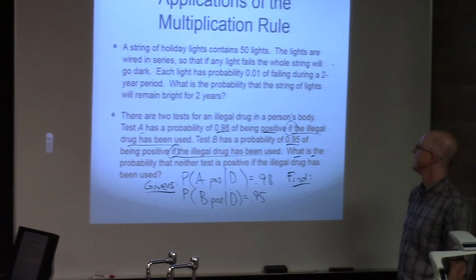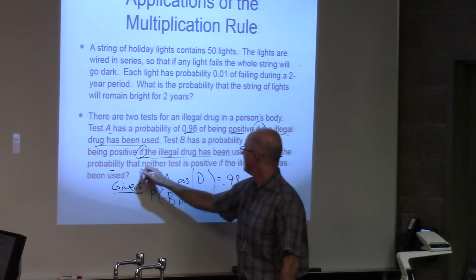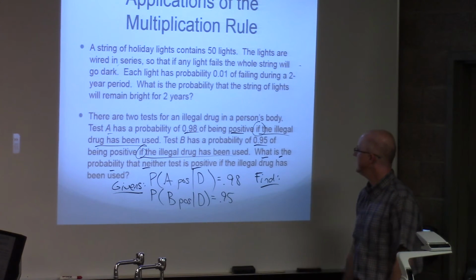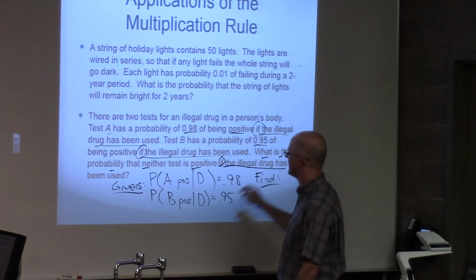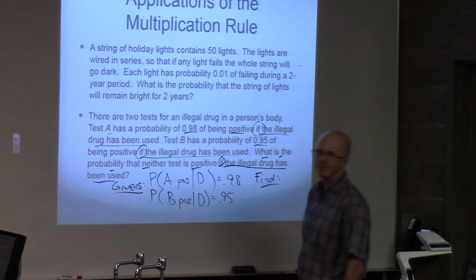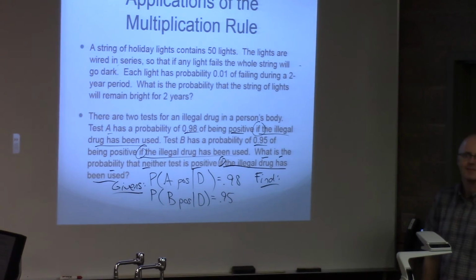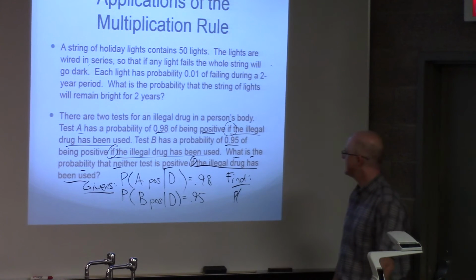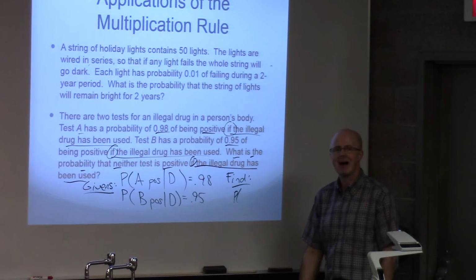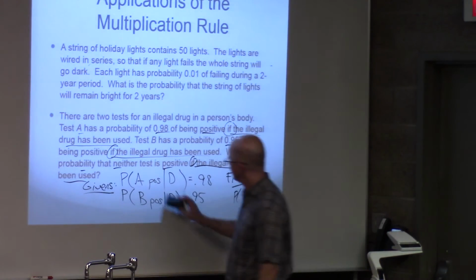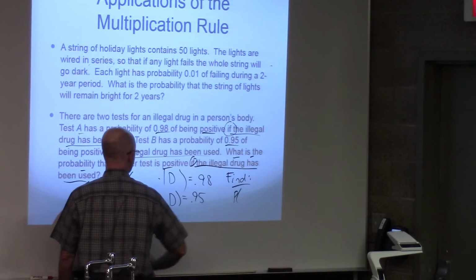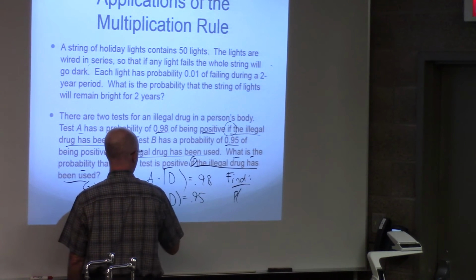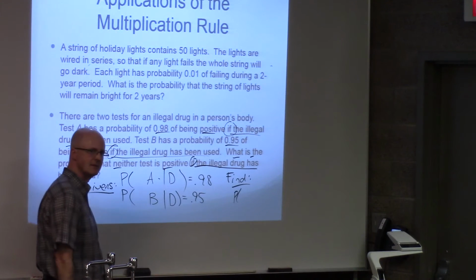What is the probability that neither test is positive if it is known that the illegal drug has been used? This is tricky. Maybe I should just do A and B here for A coming out positive and B coming out positive.